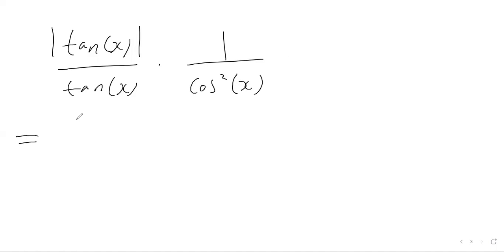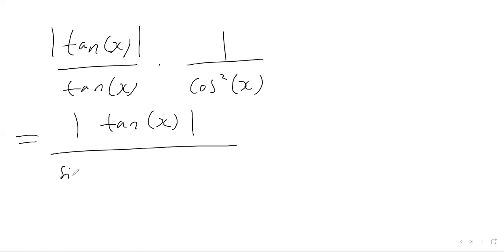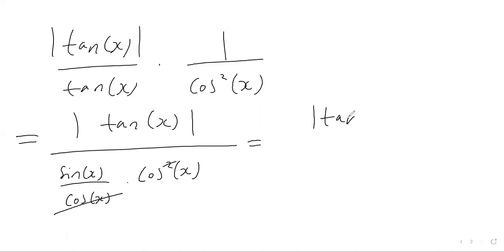So this is the same as the modulus of tan x over sine x over cos x, multiplied by 1 over cos squared of x. One of these coses will cancel out, so we just get the modulus of tan x over sine x times cos x.